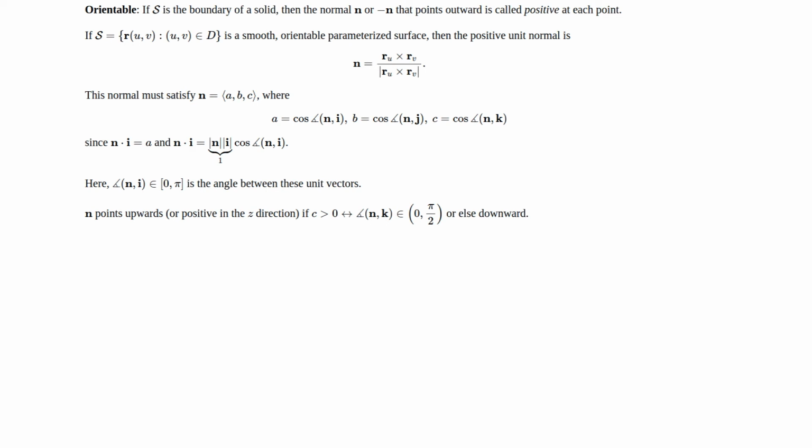In other words, when this angle is between pi by 2 and pi, we say it points downwards. A simple picture would indicate that that just makes sense. We also know that since the normal is a unit vector, its components must satisfy A squared plus B squared plus C squared equals 1. But any of them could be negative.